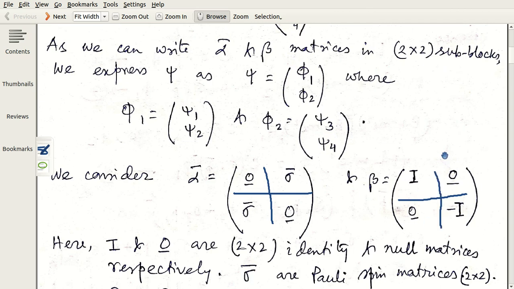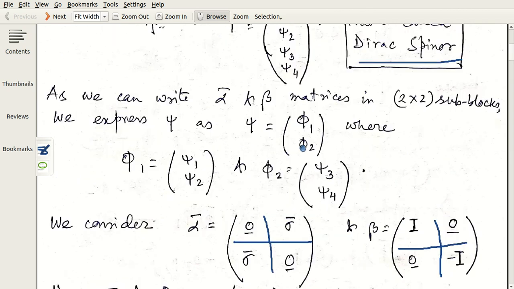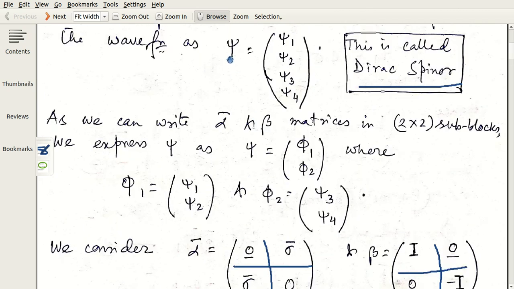All of them are 2x2 matrices. This is alpha x equal to 0, sigma x, 0, and so on. So we use psi as a combination of 2 component spinors, phi 1, which involves psi 1 and psi 2 in the upper part, and phi 2 as psi 3 and psi 4 in the lower part.